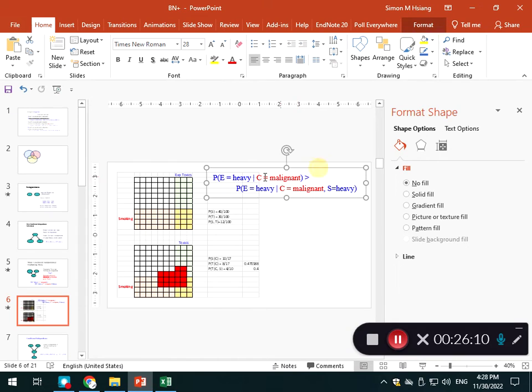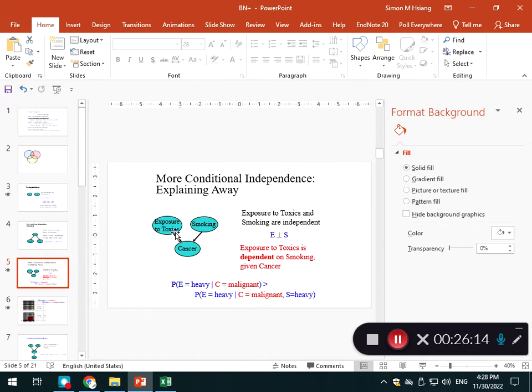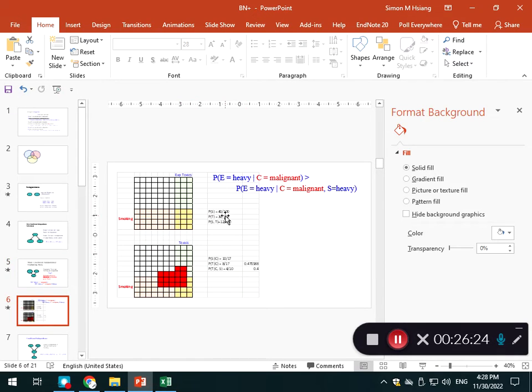This statement, okay, originally, these two things, exposure and smoking, are independent. But even if I frame them, given cancer, they become dependent. This numerical example shows that. Agree?